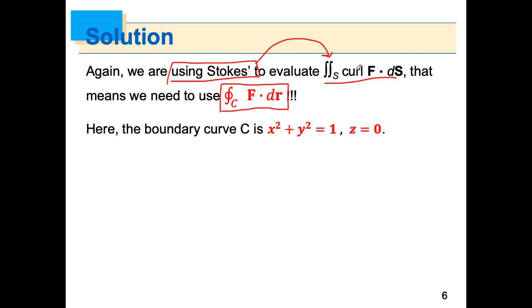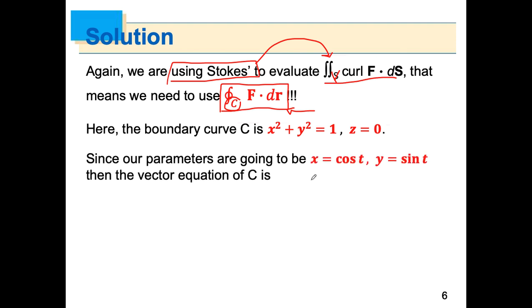If I ask you to use Stokes to evaluate the surface integral, you're actually going to evaluate the line integral. And the same will be true if I ask you to evaluate the line integral using Stokes: it's going to take you back. You'll see this more and more as we progress. So again, I'm not going to concern myself with the surface. I'm going to concern myself more with the boundary curve in this case.